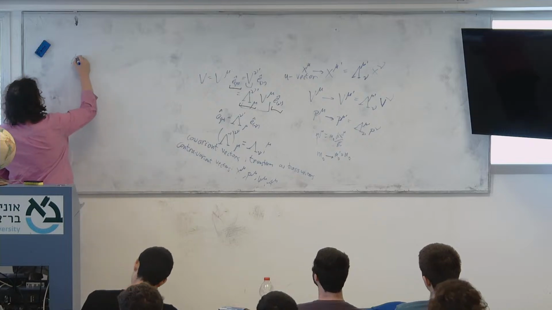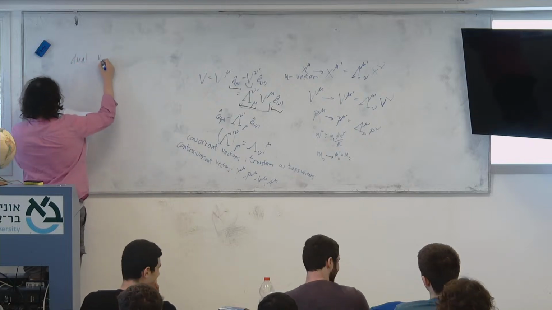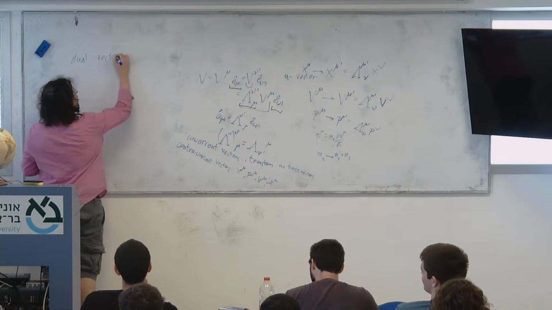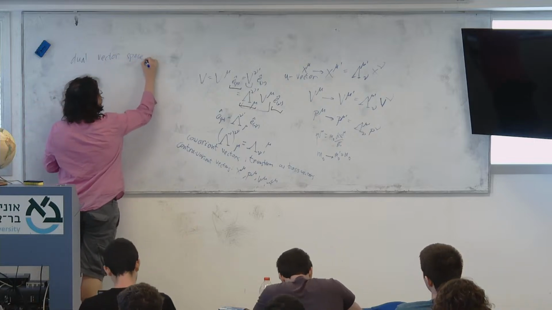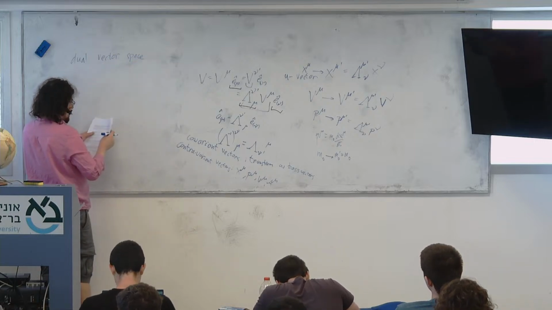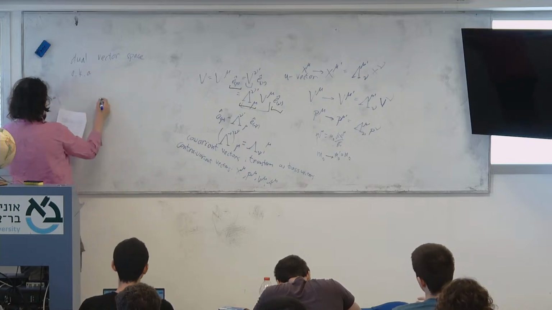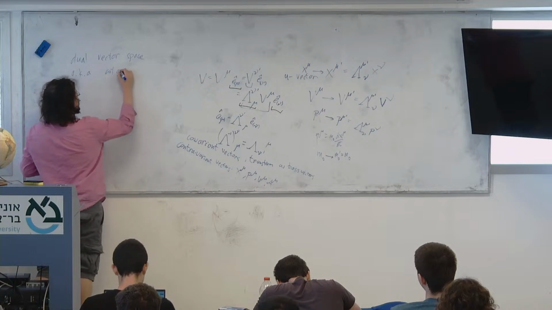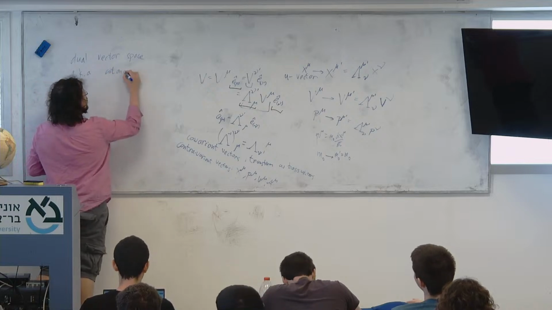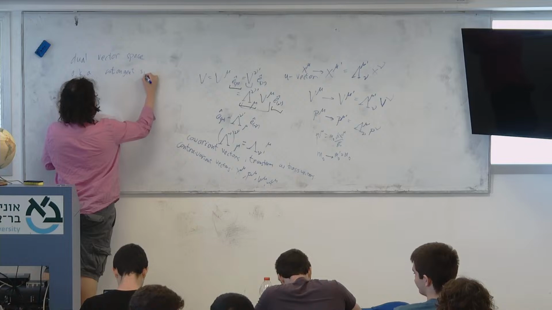That will be the dual vector space, the dual vector space, also known as the cotangent space.